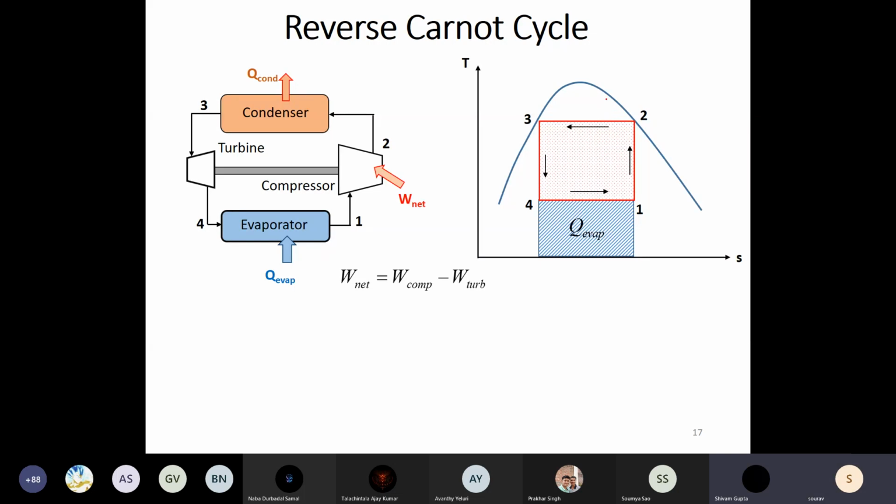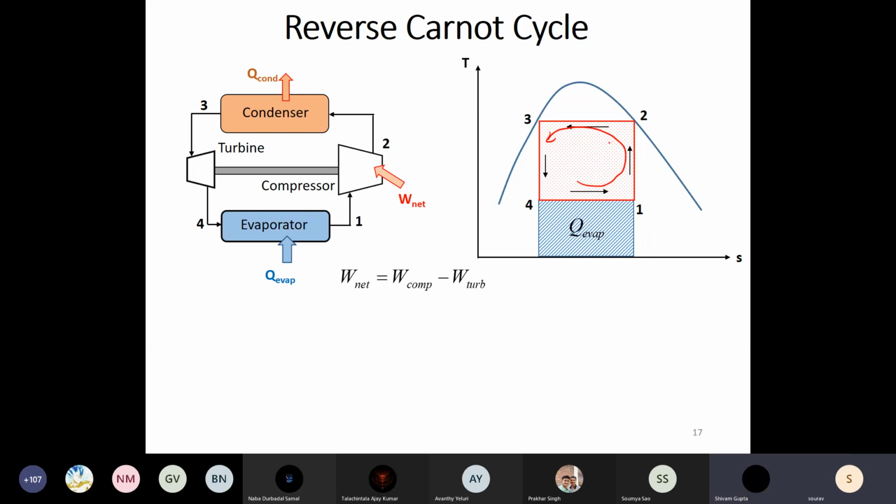Things were happening simultaneously. We know that a TS diagram of the Carnot cycle is a simple rectangle. Now you see the directionality given for this refrigeration cycle.